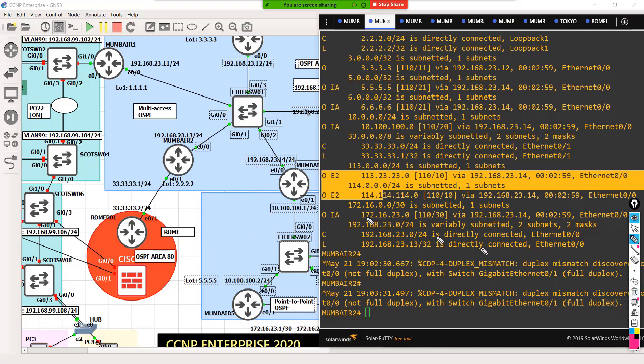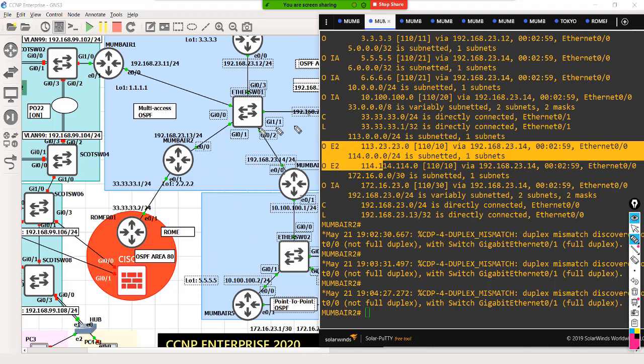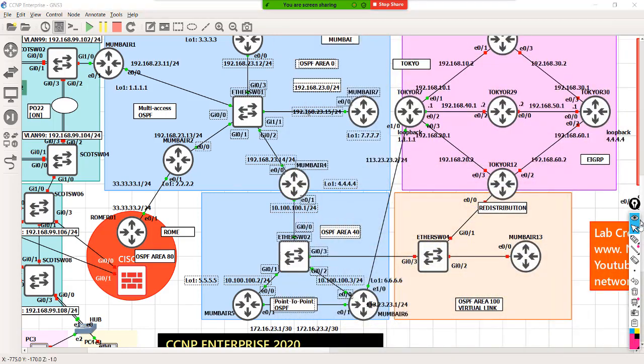Now in this scenario, it has taken up E2 by default. That's the default behavior. It will take E2. In the case of E2, the cost here should have been this, this, and this.